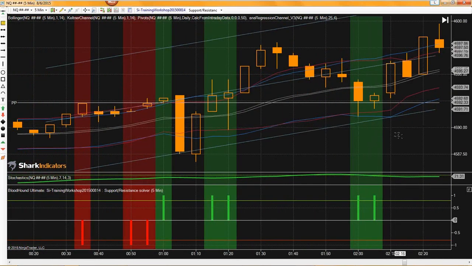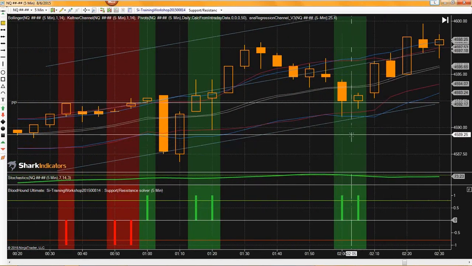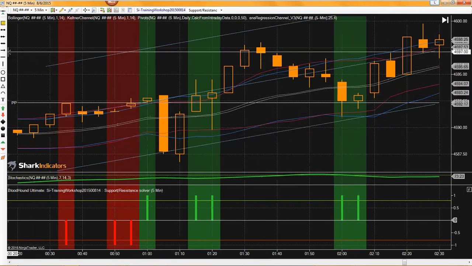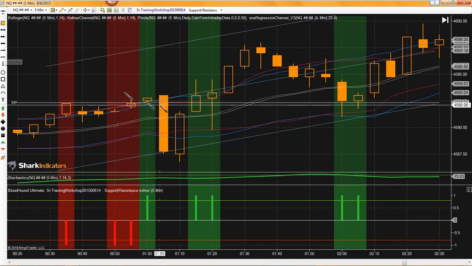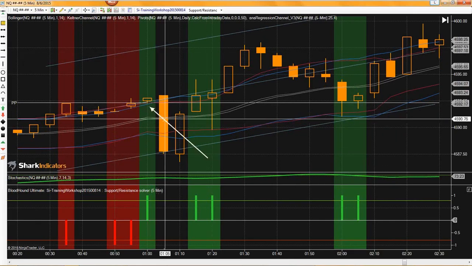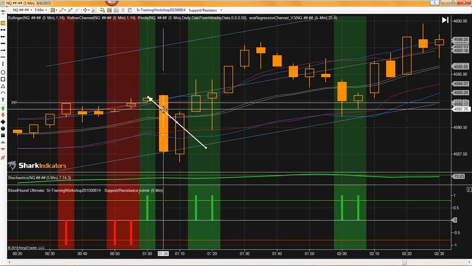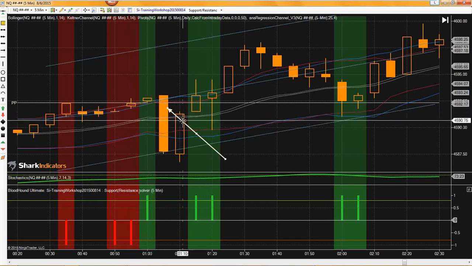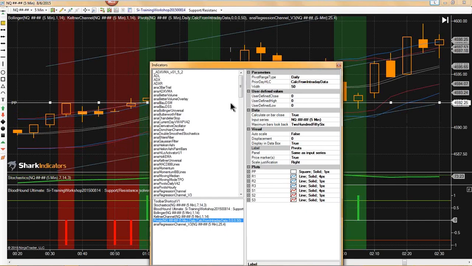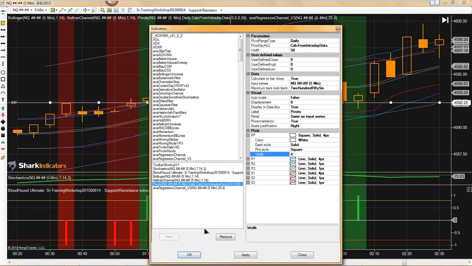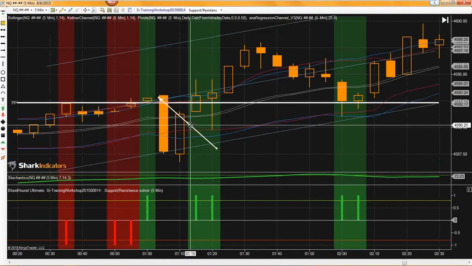Here we go. Here's what I'm looking for. Over here, let me grab an arrow. Over here, we are getting price breaking through the pivot point line, which I thought I had made a little thicker. Let me make this thicker so it's easier to see.